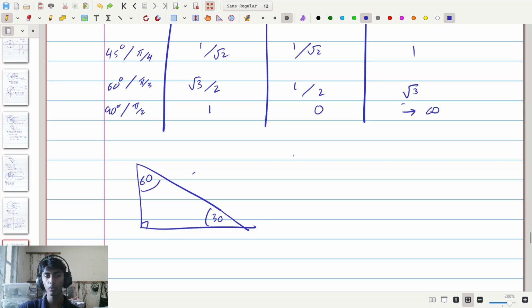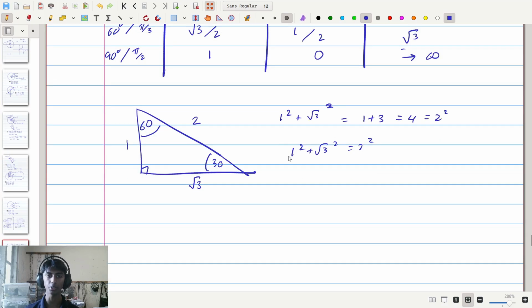If we say that this longest length is 2, this length is 1, and this length is root 3, we can see that this is a valid right angle triangle because 1 squared plus root 3 squared is equal to 1 plus 3, which is equal to 4, which is equal to 2 squared. Therefore, 1 squared plus root 3 squared is equal to 2 squared. We have a valid right angle triangle formula, so this is a valid right angle triangle.